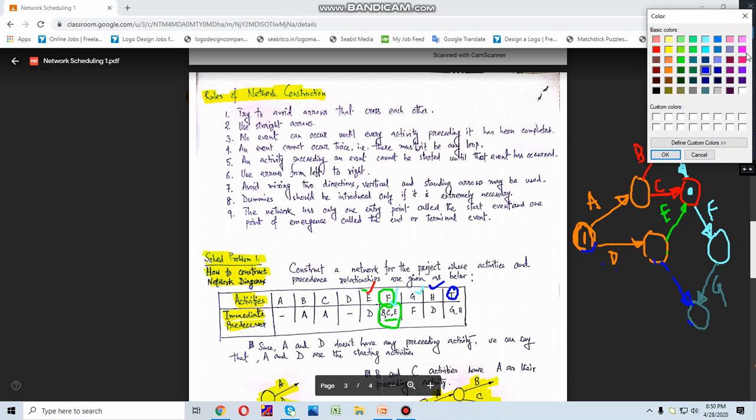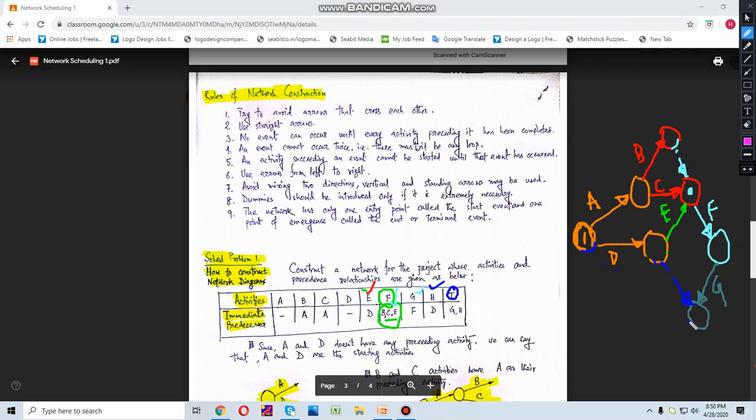It is just taking time, please pardon me. So leave it here. So this is what is I. So now you can find the network has been constructed. Okay, I hope you are able to understand how we construct a network.